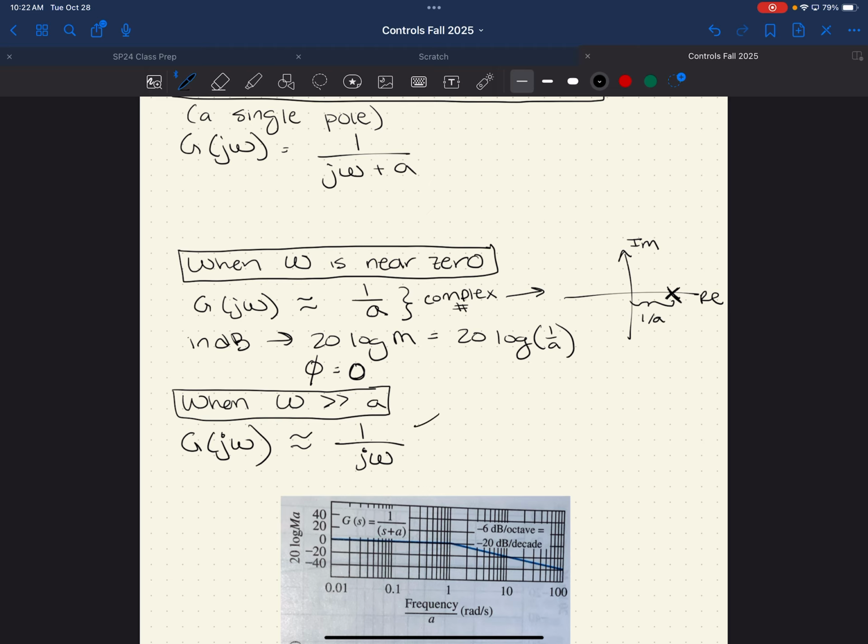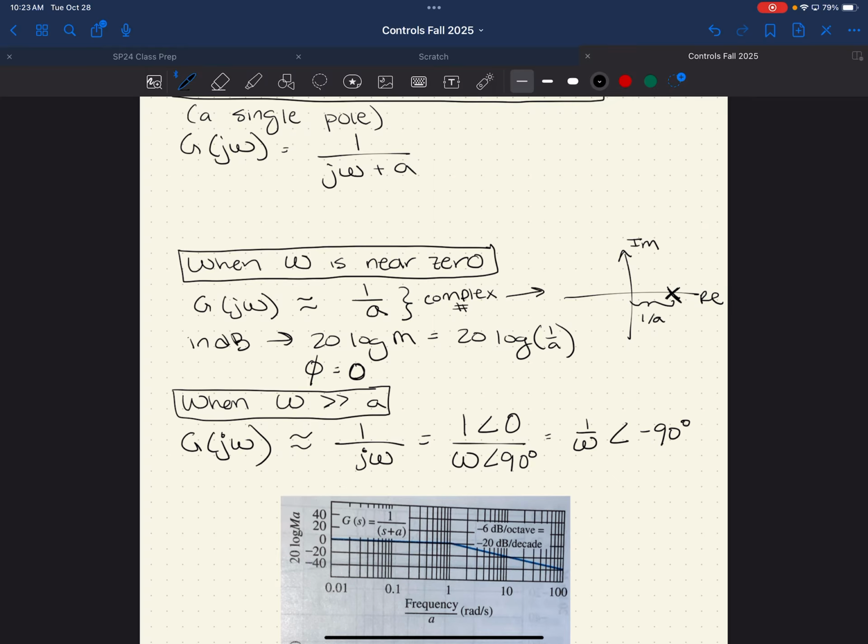If we think about the top as a complex number and the bottom as a complex number, I can write this in polar form as 1 as the magnitude, angle of 0, because it's just on the real axis, and then omega as the magnitude at a 90-degree angle. And when I divide in polar form, I divide the magnitudes and subtract the angles. So this is 1 over omega, minus 90 degrees.